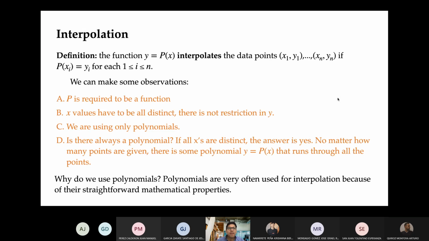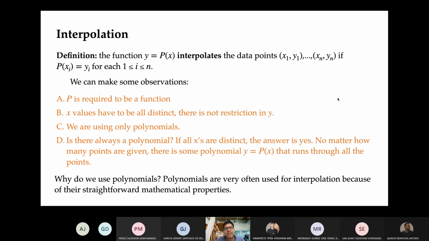Okay, so the definition: the function y equal to p(x), which is a polynomial, interpolates the data points (x1, y1) all the way up to (xn, yn), if p(xi) is equal to yi, for each i from 1 all the way to n.